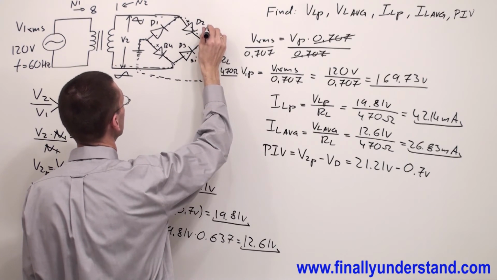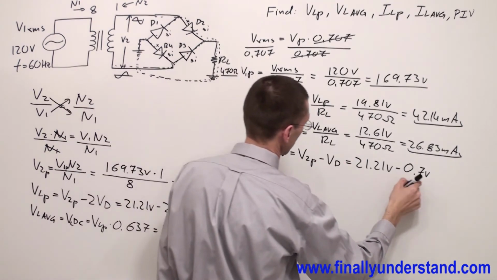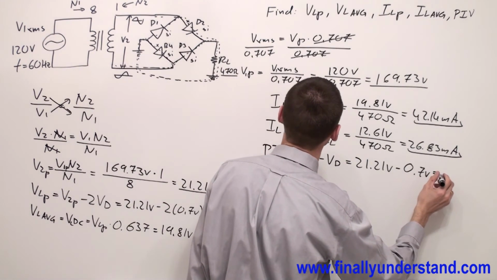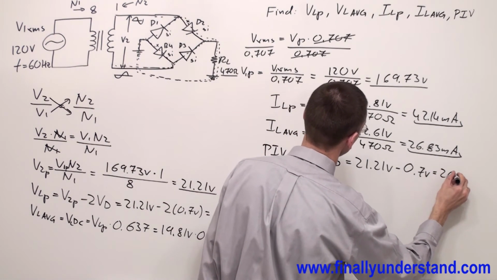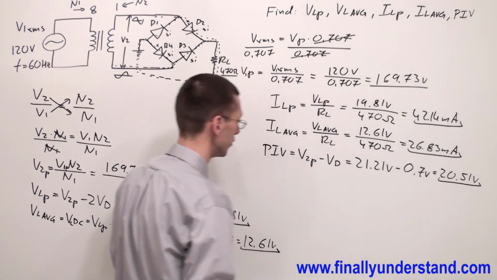Most of the time in electronics you are going to use silicon diodes, and this is going to be equal to 20.51 volts. This is my PIV.